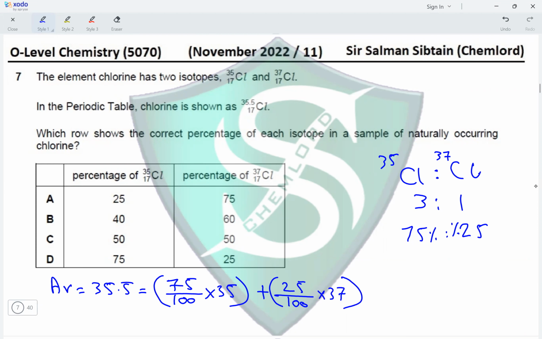So we take into account the percentage abundance of each isotope, and then we calculate the weighted mean of the said isotopes, and the answer is 35.5. So percentage of Cl35 is 75 and the percentage of Cl37 is 25, which we have already proved. So option D is the correct option for this question.